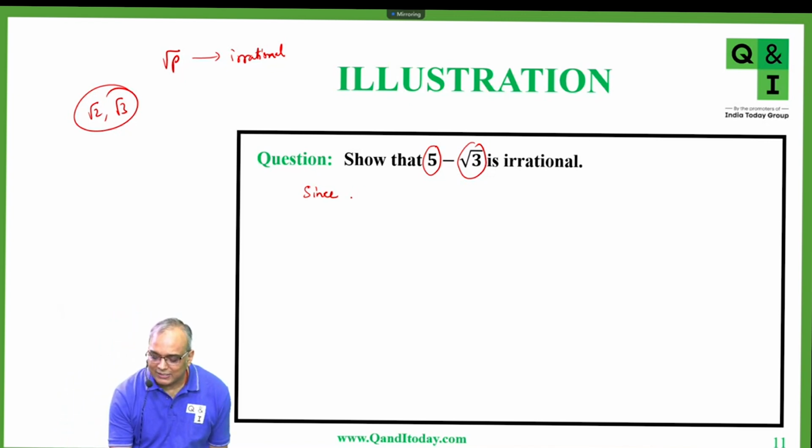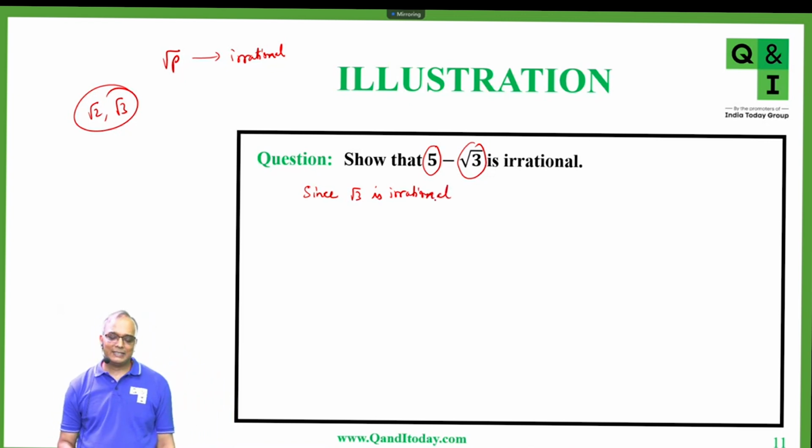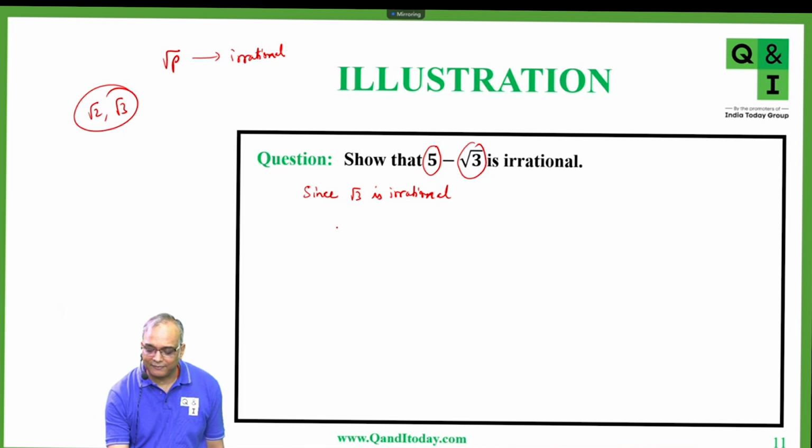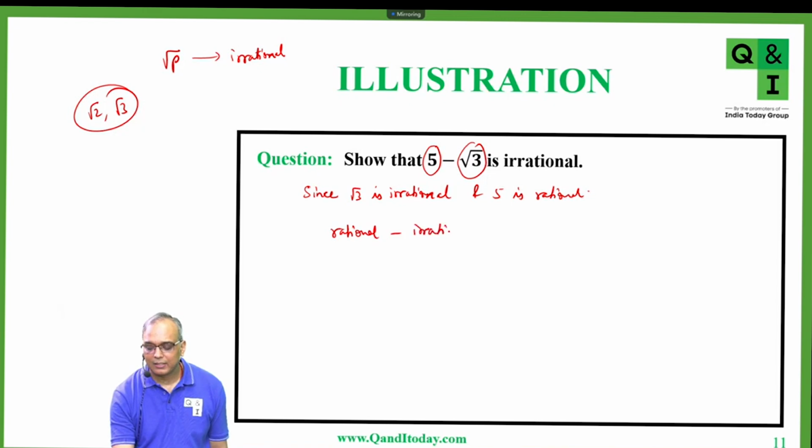Now since root 3 is irrational, and 5 is rational, what we saw just now was rational minus irrational is irrational, right?